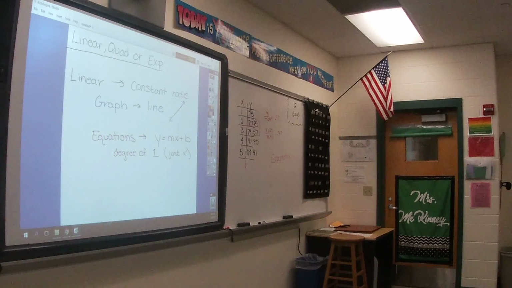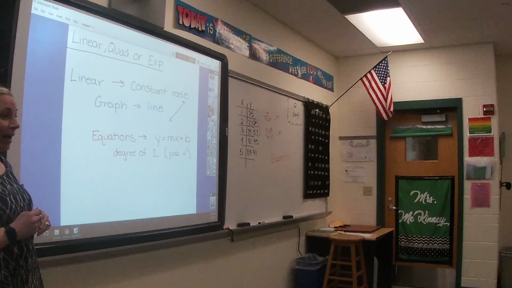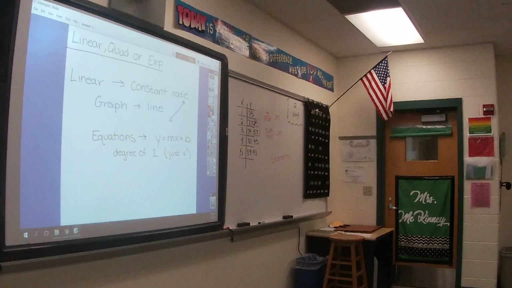So far we've talked about slope, rate of change when graphing, equations, y equals mx plus b, point slope form, standard form, and now we're pulling from our polynomial unit. I told you this was putting our entire year together into one big, neat circle.